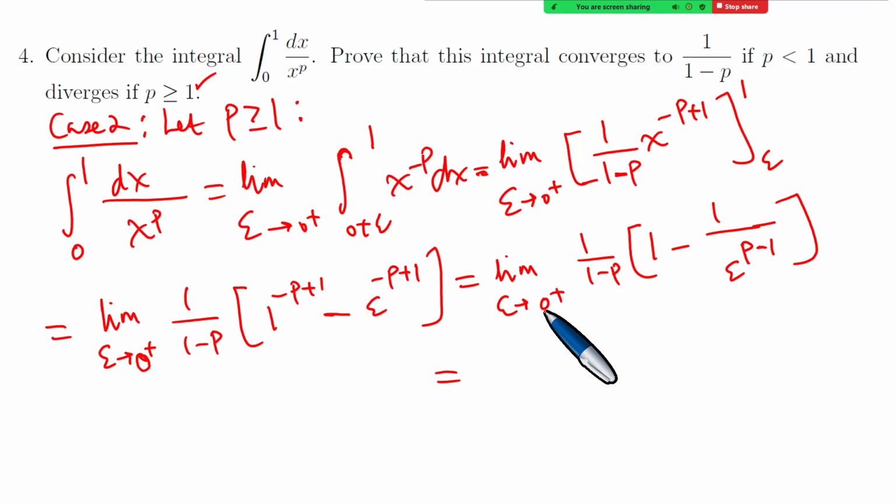And for this one, when p is very large, say p is 100, it will be 100 minus 1, which is 99. Then, this is epsilon to the power 99.